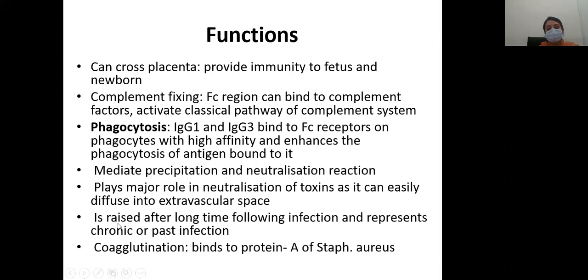It is raised after a long time following infection. If IgG is positive, it will represent a chronic or past infection. And coagglutination, it binds to protein A of Staph aureus.